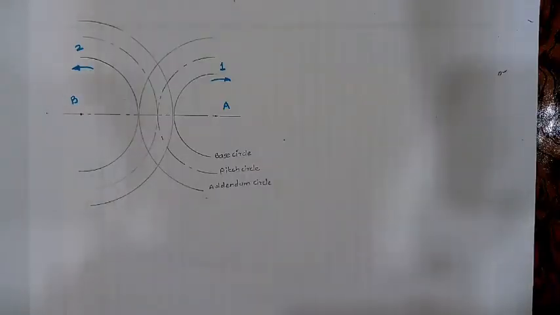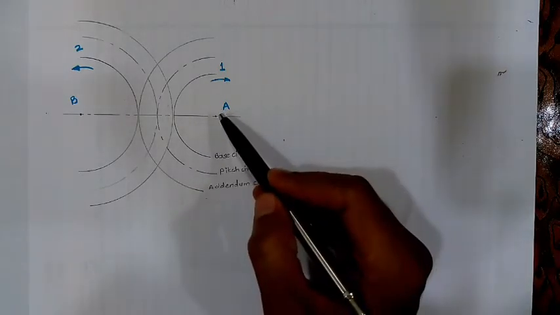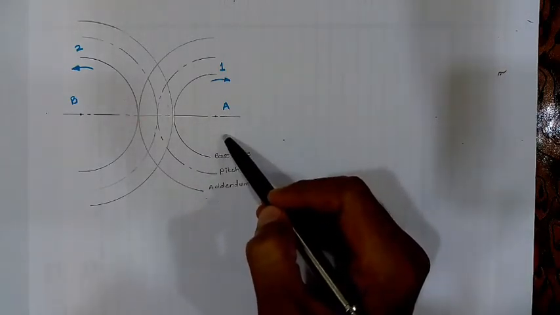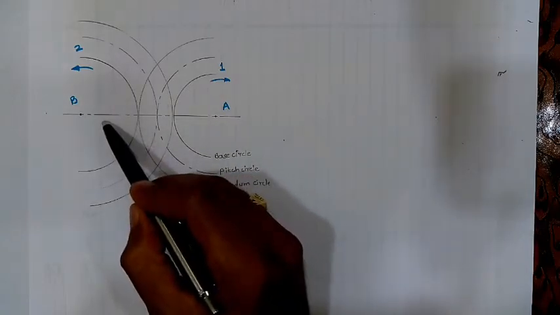Now we are going to discuss the path of contact. For that, first of all, let us see how to draw the diagram. Over here I have drawn the pinion, which is smaller, and a gear which is bigger in this pair.